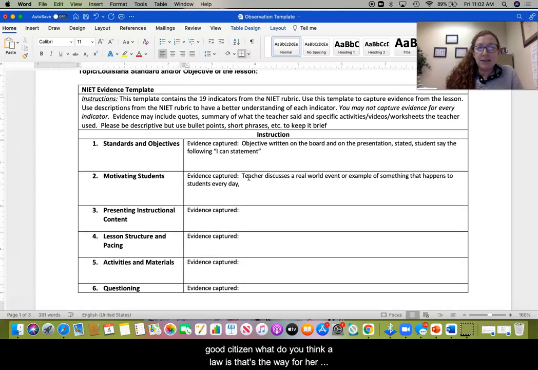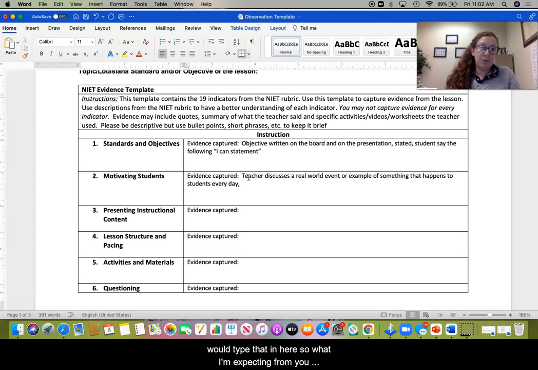Maybe the teacher's asking them, what makes a good citizen? What do you think a law is? That's a way for that teacher to be motivating students. Maybe the teacher rewards students who are doing a good job with school bucks or points or a sticker on a sticker chart. That would be in motivating students, and you would type that in here.